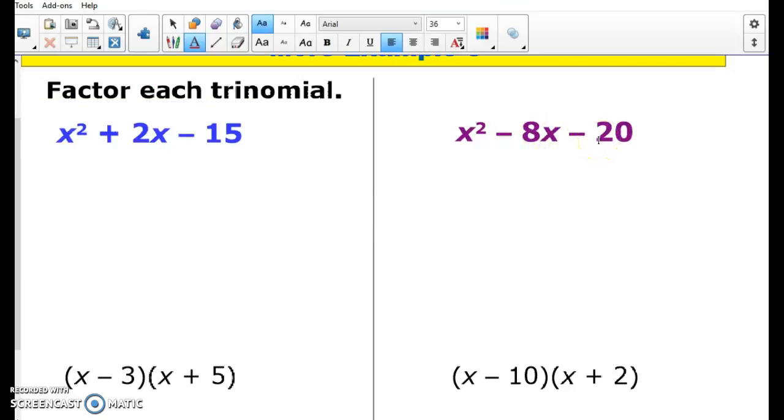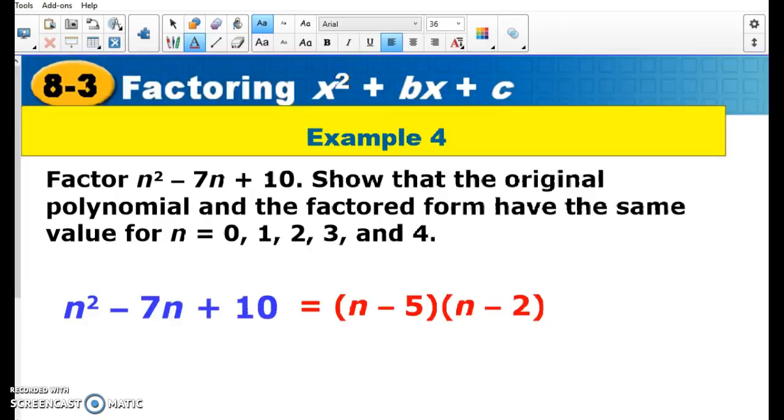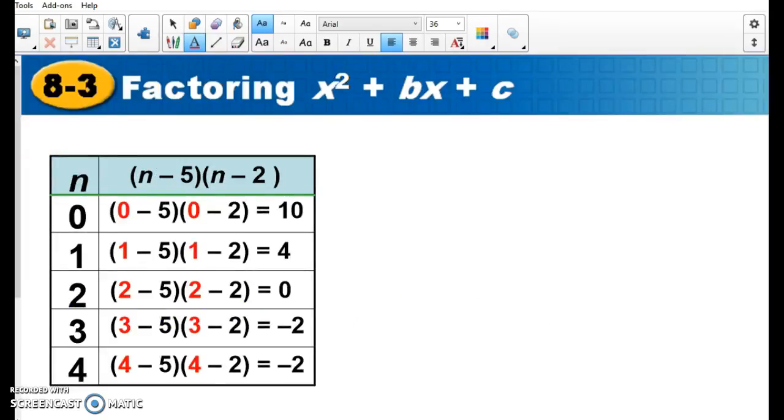Again, I'm going to get one positive, one negative. And the way to get to negative 8x is with a negative 10 and a positive 2. Because when I add them, negative 10 plus 2 is going to give me that negative 8x. There's a couple different rules that we will go over tomorrow in class that kind of show you how this works.